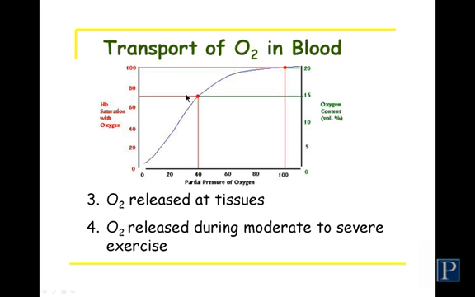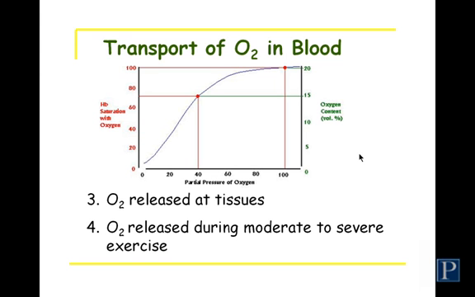So instead of being up here, we're going to be way down here, a lot less percent. And so we can get down to a minimum of about 4.4 mils of oxygen per deciliter of blood in venous blood, if the metabolic demands of the tissues are great enough.